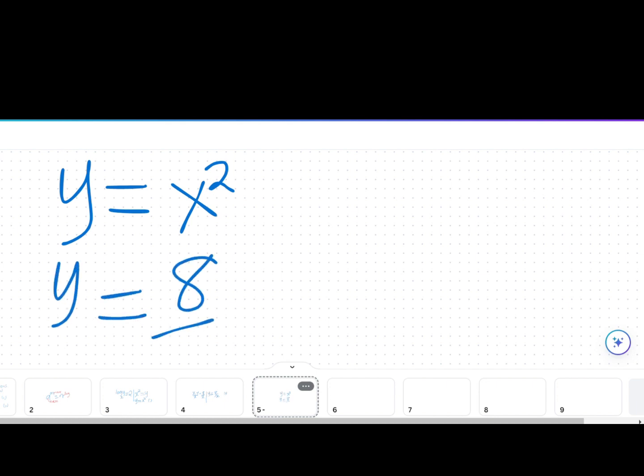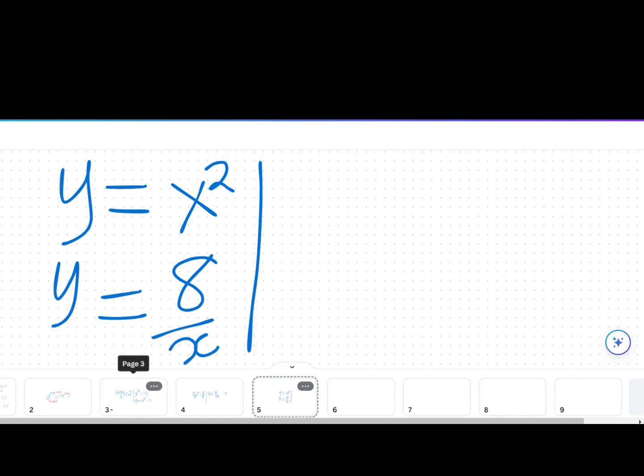Now, bringing equation 3 and equation 4 together, we have y is equal to x squared and y is equal to 8 over x. Don't forget that y is also equal to y.